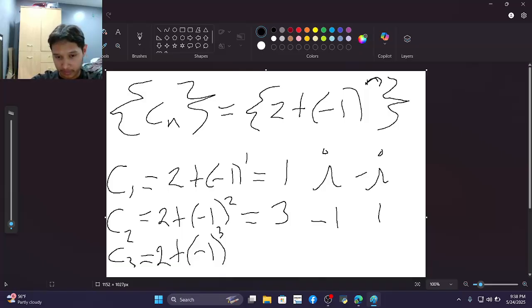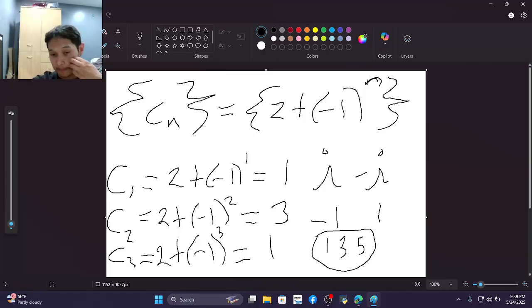If we use odd numbers like 1, 3, 5, if we raise negative 1 to the third power, we will always get a negative number, negative 1.